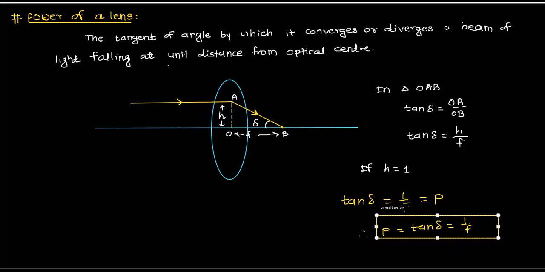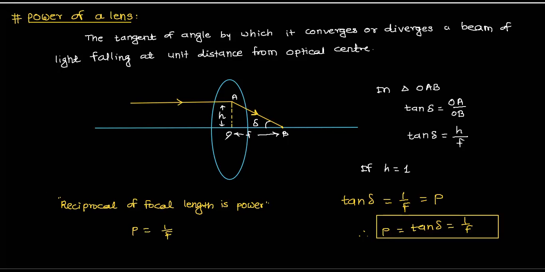In another simple way, you can write it like this: reciprocal of focal length is power, that is P is equal to 1 by f.